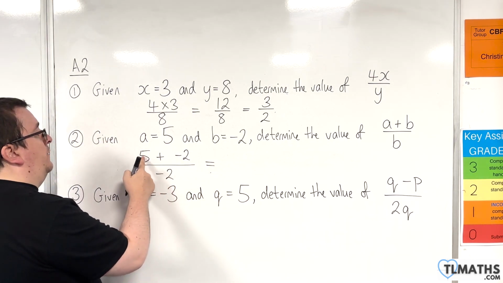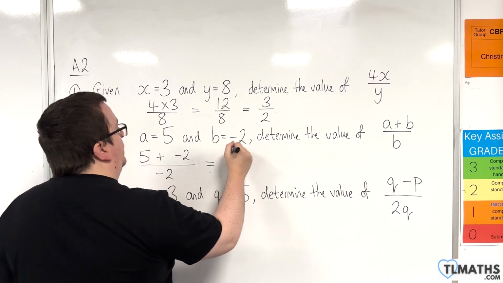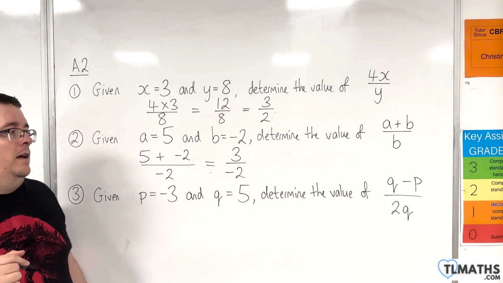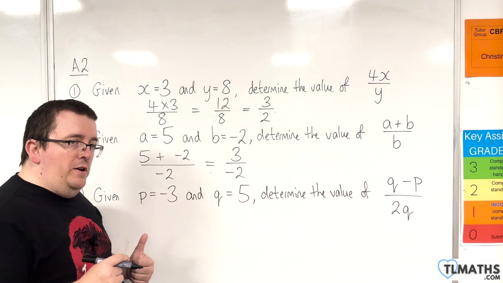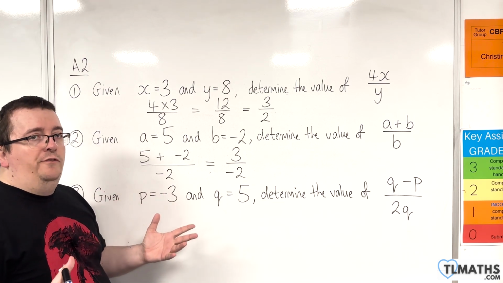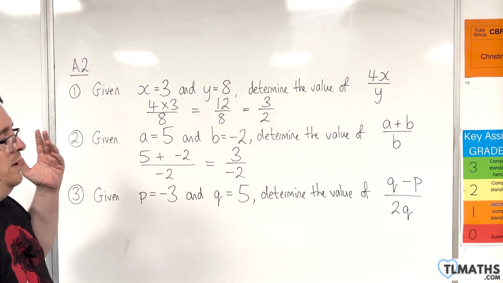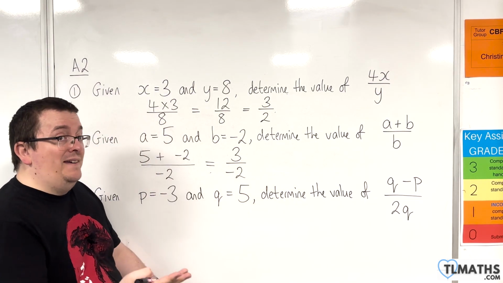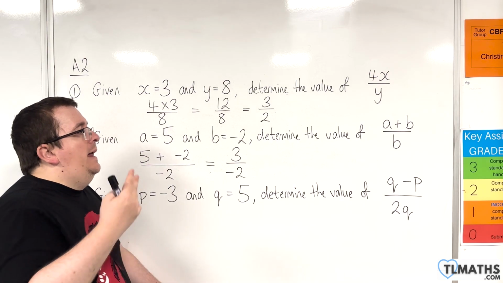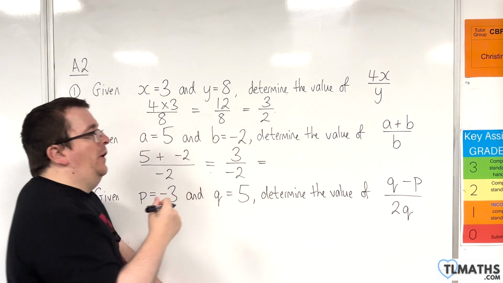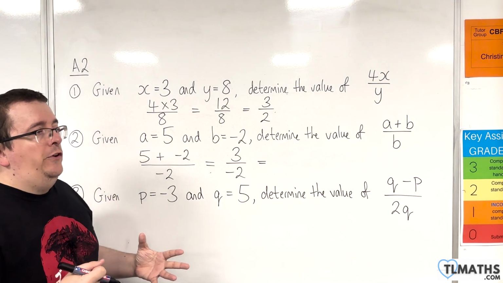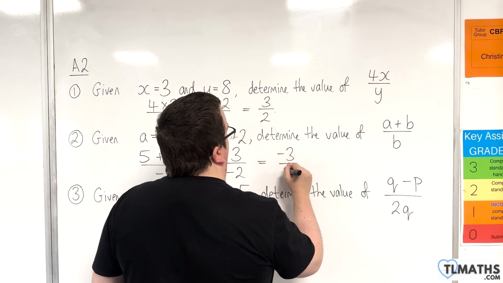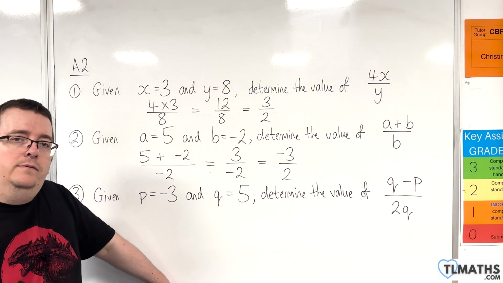So our numerator is 5 take away 2, so that's 3, and we have 3 over minus 2. Now, 3 divided by minus 2 would be minus 1.5. Now, the thing about this is that the minus sign can go there, and because 3 divided by minus 2 is the same as minus 3 divided by 2, you could put the minus sign there.